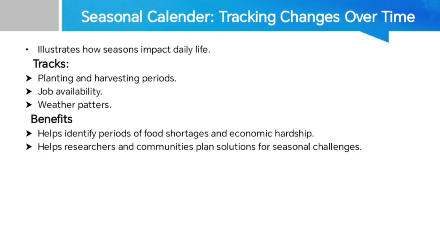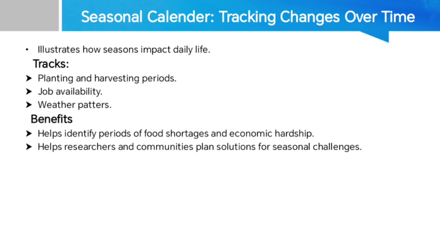Did you know that the seasons can affect food availability, also the job opportunities, and even healthcare access? Yes, of course, it is true. Seasonal calendar, which means tracking changes over time, helps us track how different times of the year impact people's lives.